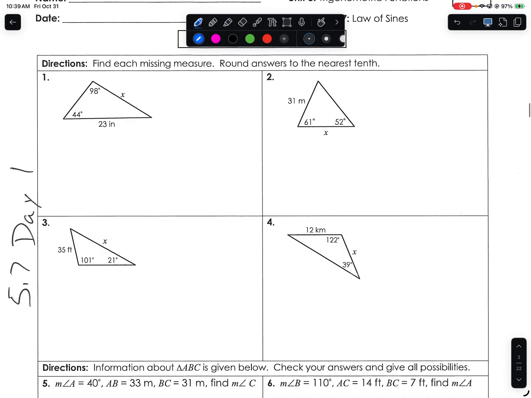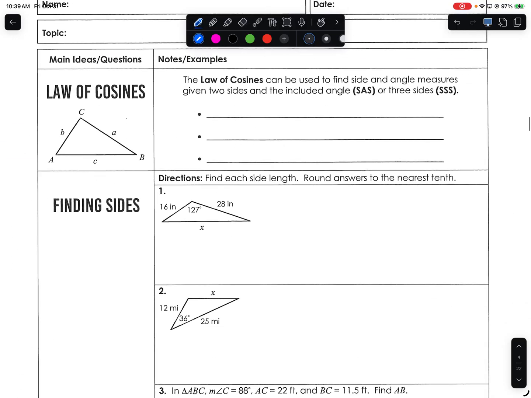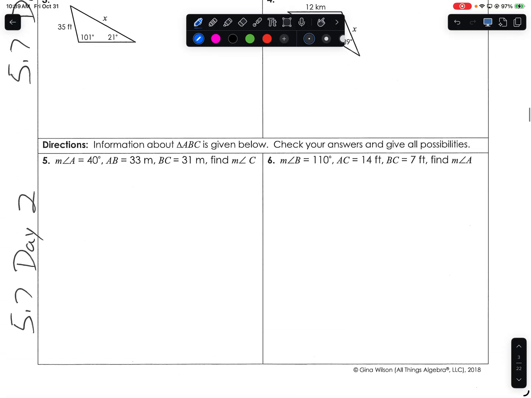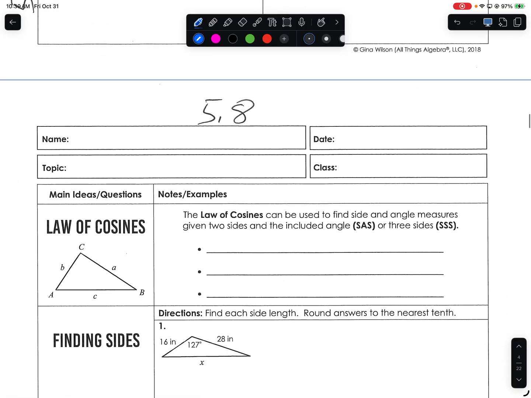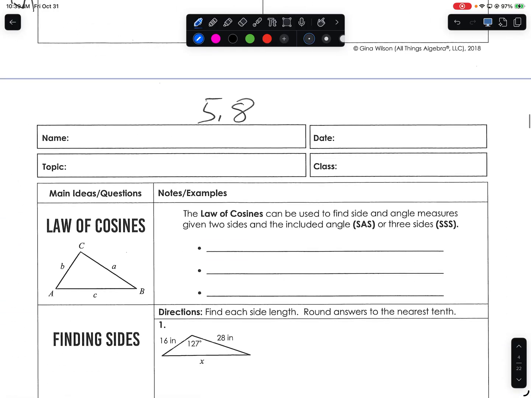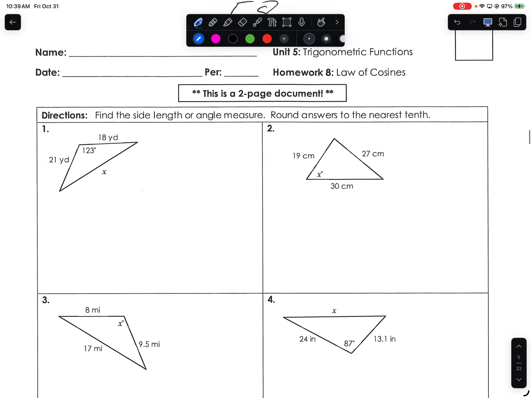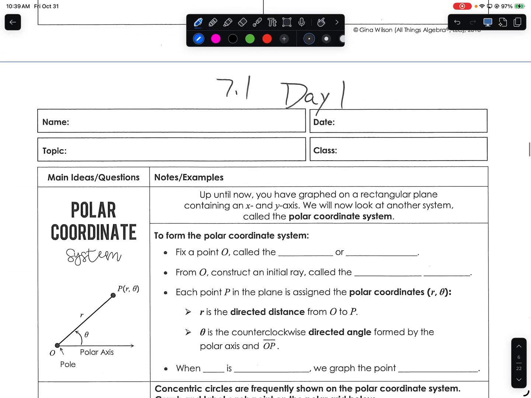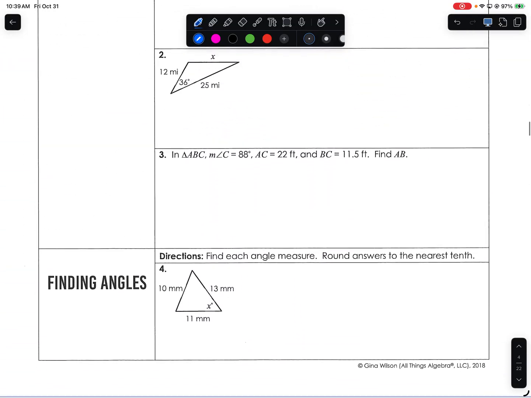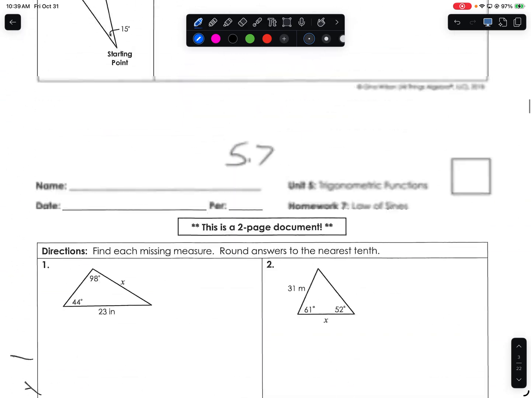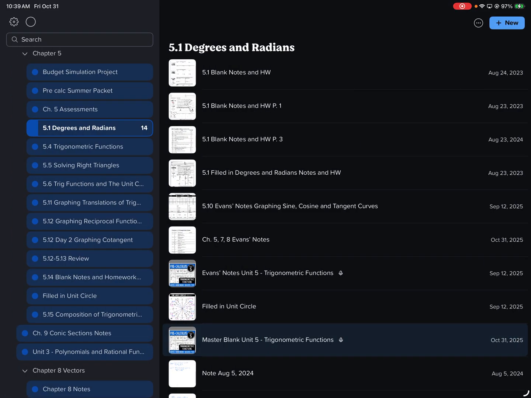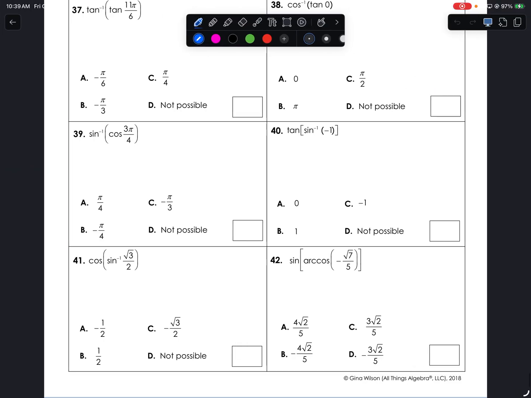So you're doing 1 through 4. You can look at your assignment calendar on the front, right? 1 through 4. And then, oh no, I'm missing it. No, I'm not. Oh, I am missing a page on here. Oh, that's annoying. It's okay. Back here.